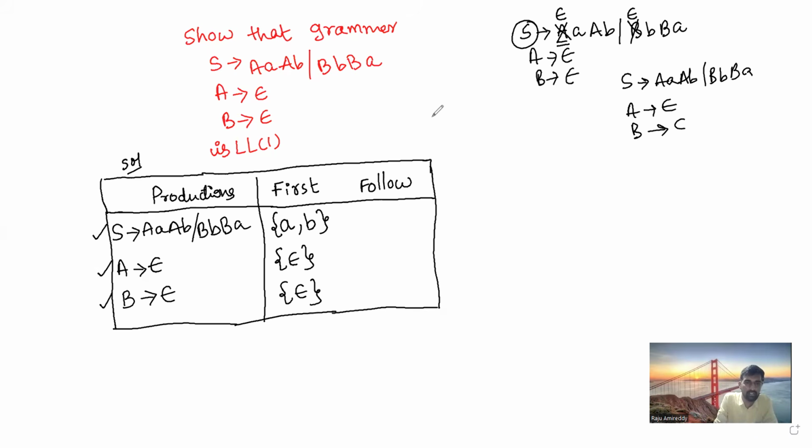When we find follow of S, what you need to do? You need to check whether there is any value on the right hand side after the arrow. After the arrow we have A, A, A, B, B, B, A, and ε, but we don't have any capital S. In order to find the follow, after the arrow, is there any S?